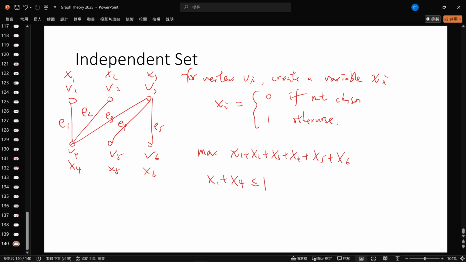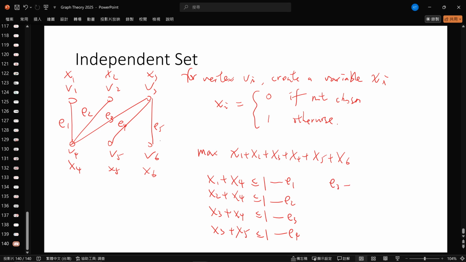We can consider the remaining edges in a similar manner. For E2, x2 plus x4 is at most 1. For E3, x3 plus x4 is at most 1. For E4, x3 plus x5 is at most 1.